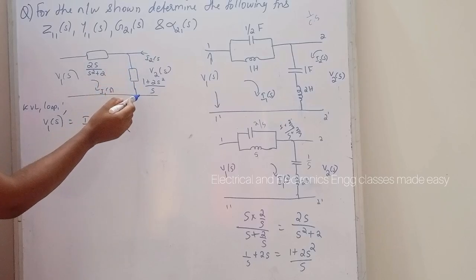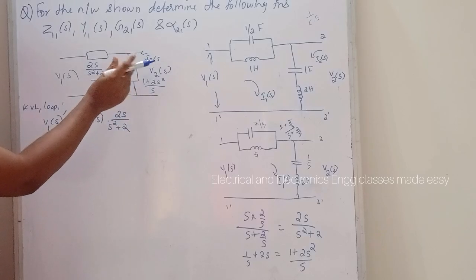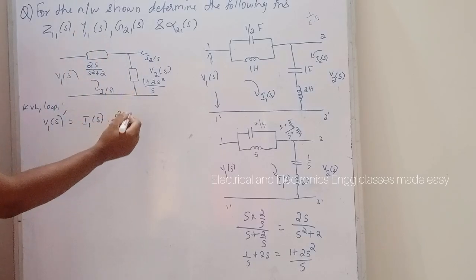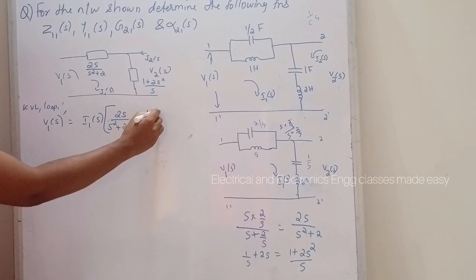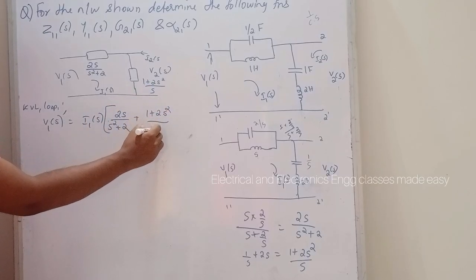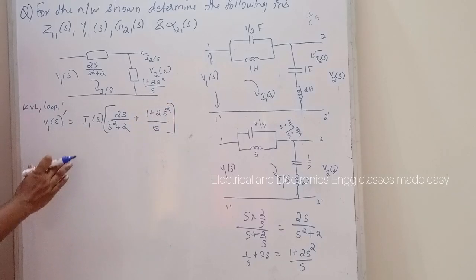Then here I2 of s is 0. So plus this one, that is (1 plus 2s square) divided by s. So this is the first equation.